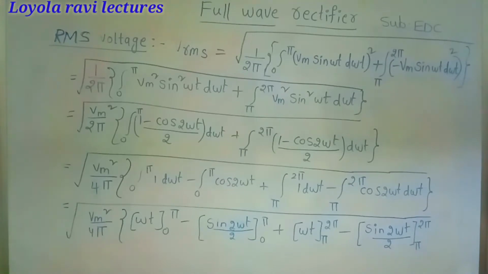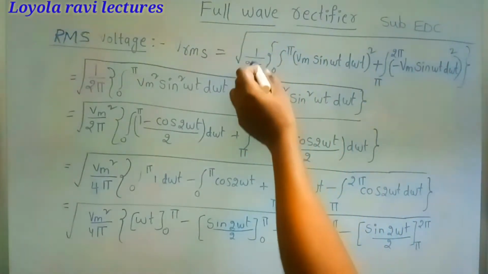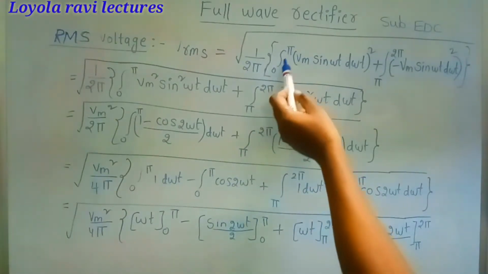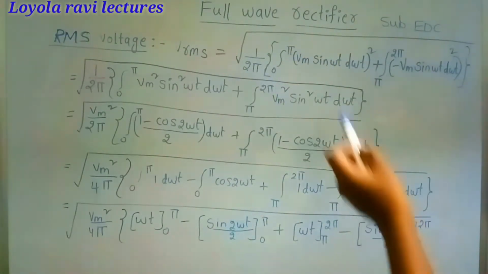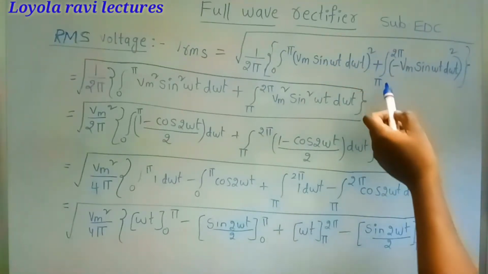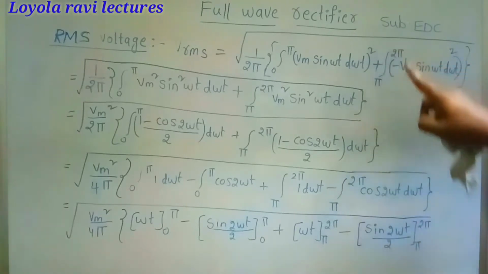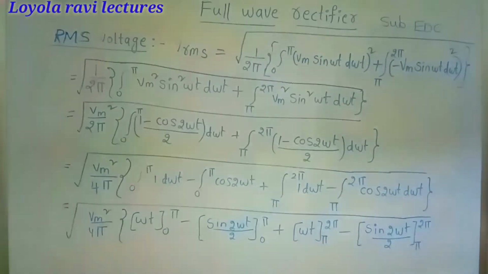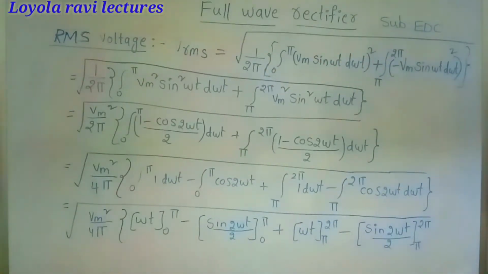That is the square root of 1 by 2 pi integral 0 to pi Vm sin omega t d omega t. So this is for the first half, plus pi to 2 pi also we are getting the output. That is minus Vm sin omega t d omega t, whole square. Okay, so root mean square value of the output.